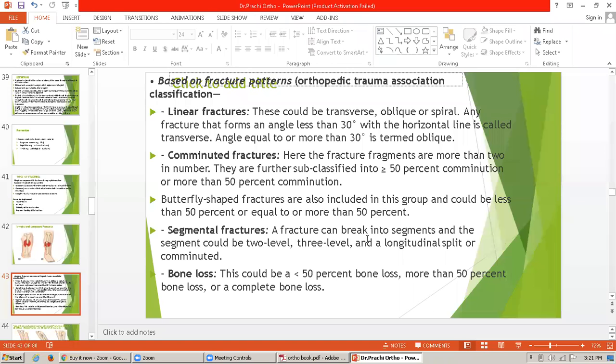A fracture can break into segments, and the segments could be 2 level, 3 level, and longitudinal split or comminuted. Then the bone loss. This could be less than 50% bone loss, more than 50% bone loss, or complete bone loss, which is based on the fracture pattern.